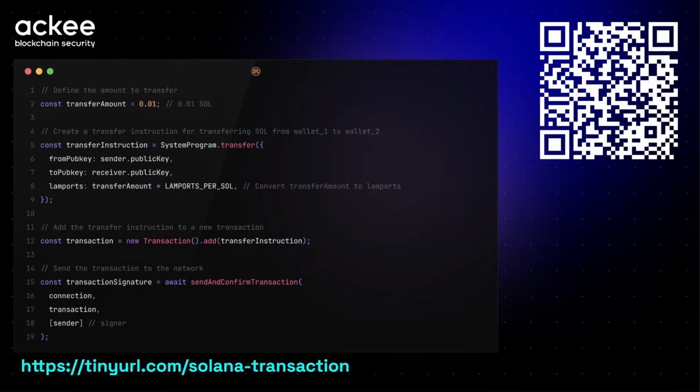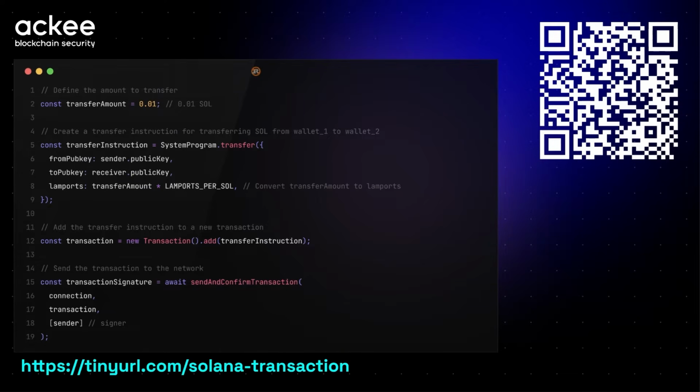You can see in the code snippet, I will show you this in the Solana Playground. You can see the URL to the playground, but you can also scan the QR code. But let's just focus on the code, and then we will have the hands-on example.